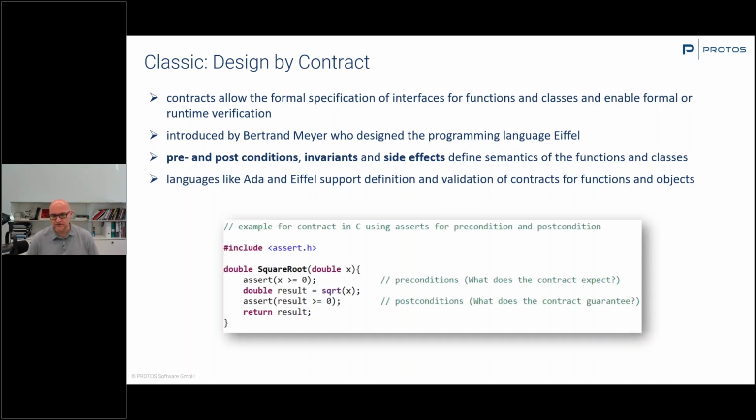I'll give you an example in the language C. You can use, for example, asserts to implement contracts. So it's not very formal, but it's a way to implement contracts during runtime for runtime verification.